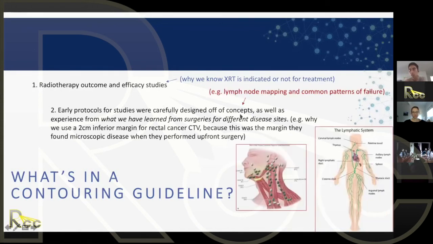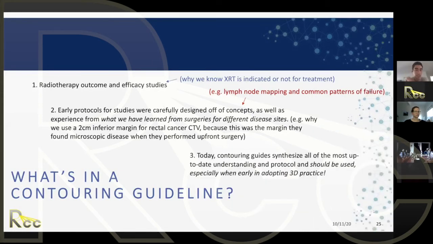We also use concepts, and in this case, lymph node drainage patterns, especially important for head and neck cases, but also for diseases in the pelvis, in the thorax, and in the GI system. And understanding the drainage pathways and being able to anticipate those so that you can prevent the risk of recurrence by covering those areas.